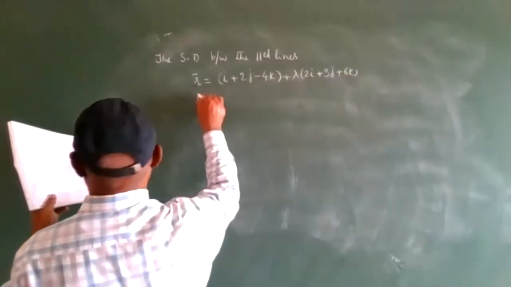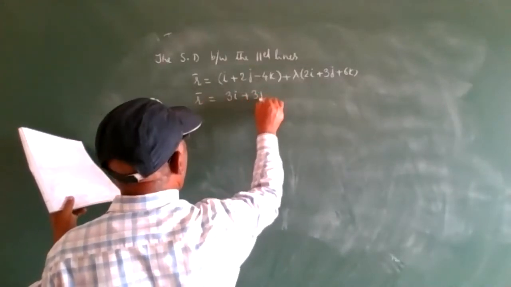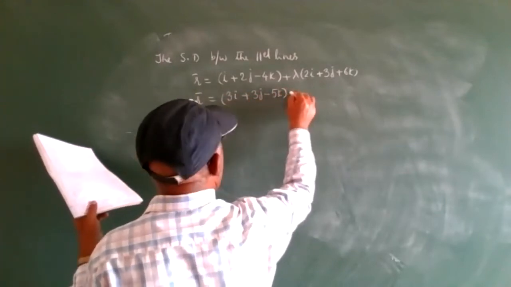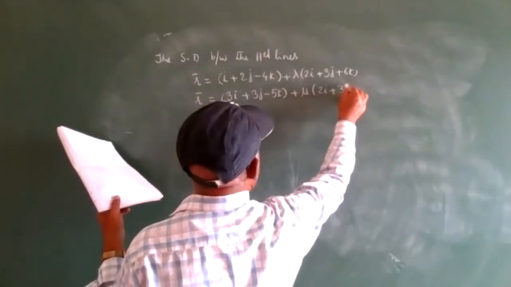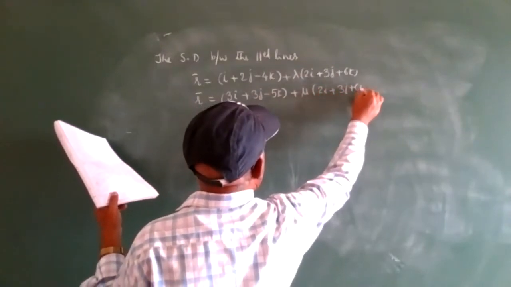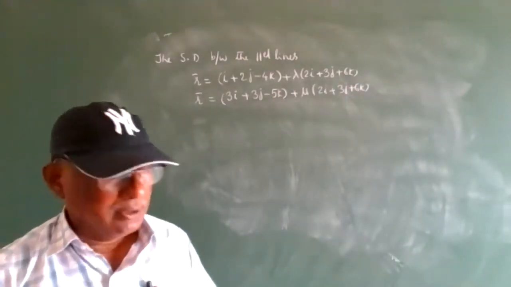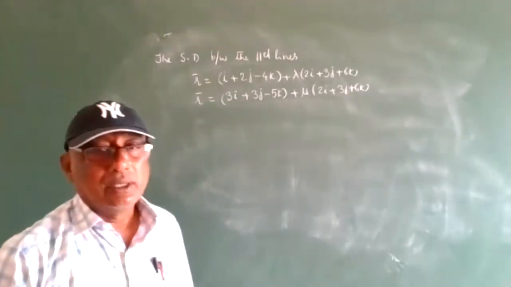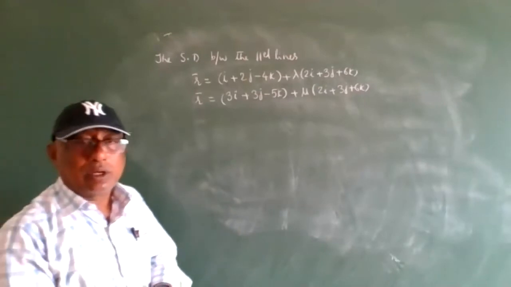Next, R bar is equal to 3i plus 3j minus 5k plus mu into 2i plus 3j plus 6k. Now find out the shortest distance between these two lines. Everyone find out the shortest distance between these two lines.